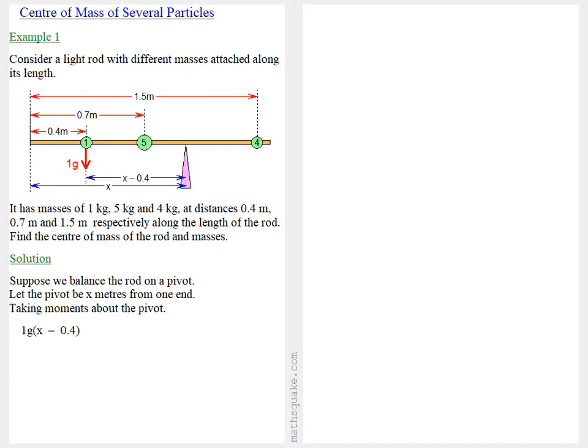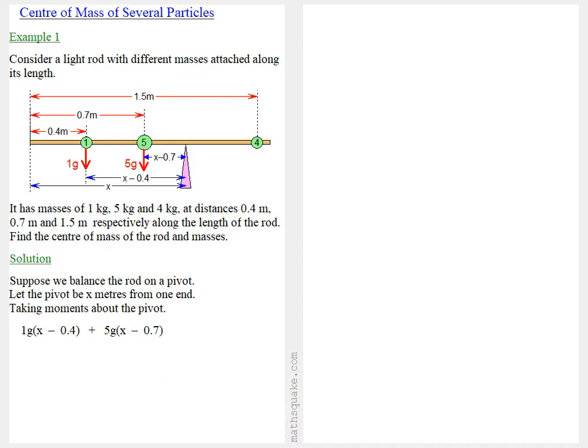So that's 1g times (x minus 0.4). Also, we've got a 5 kilogram weight, that's 5g, acting at a distance of x minus 0.7 meters from the pivot. So that's 5g times (x minus 0.7), and that's equal to the clockwise turning moments.